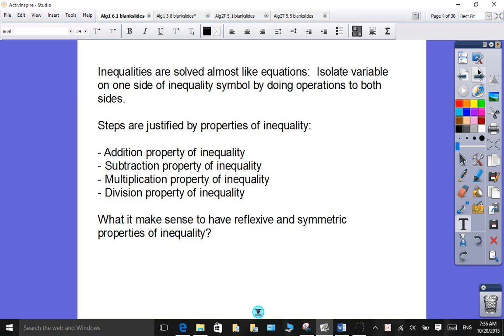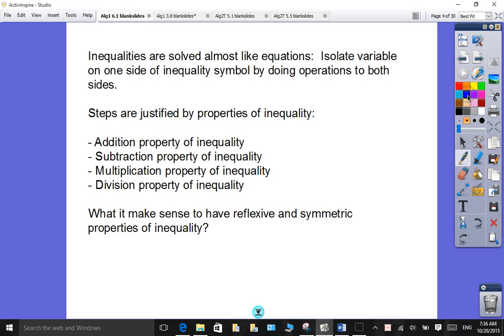Now, when it came to the properties of equality, we also had reflexive and symmetric property. So would they make sense if we were talking about inequalities? A reflexive property, for equations, would be that 2 equals 2. Would it make sense to have a reflexive property of inequality? No. Now, symmetric property is something like, 2 is less than 3, then can I switch sides of the 3 and the 2?